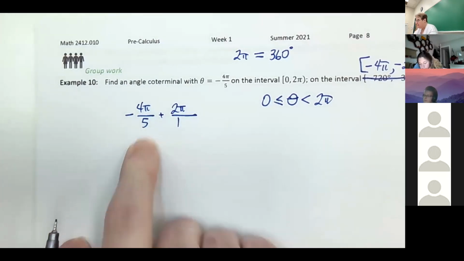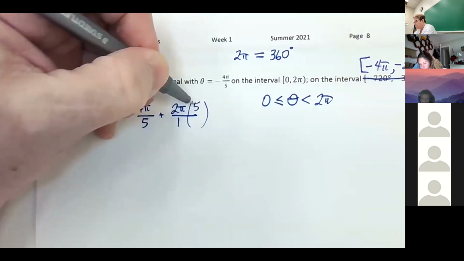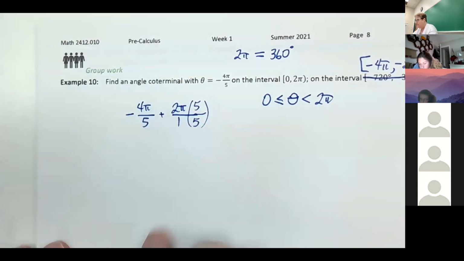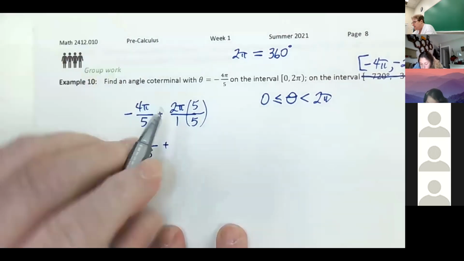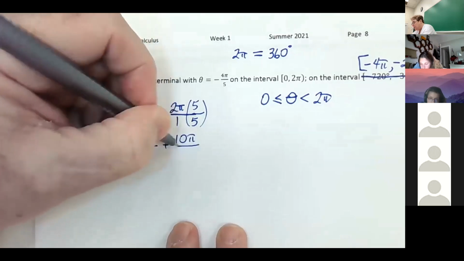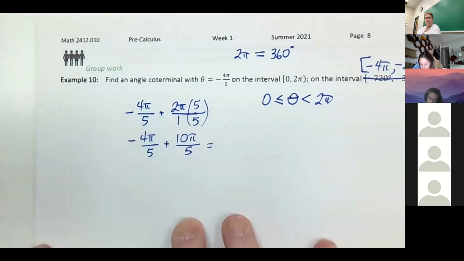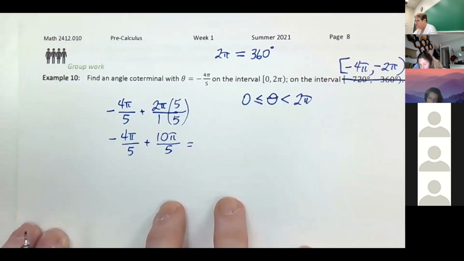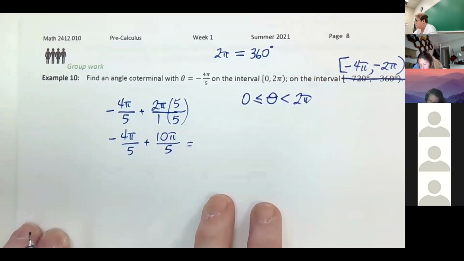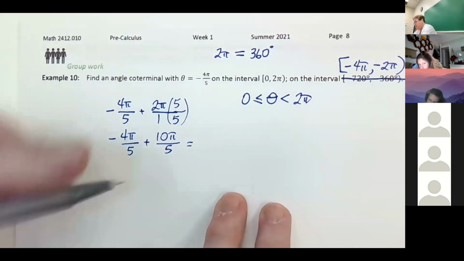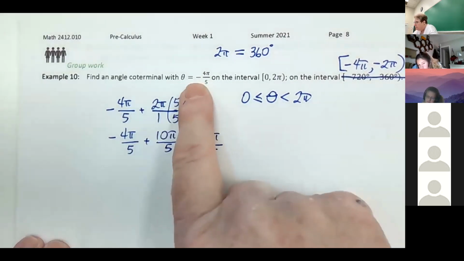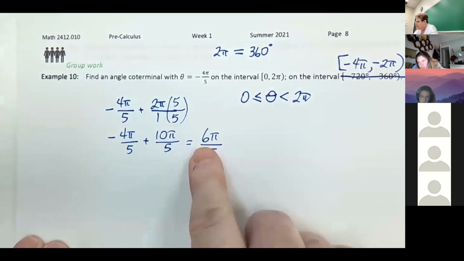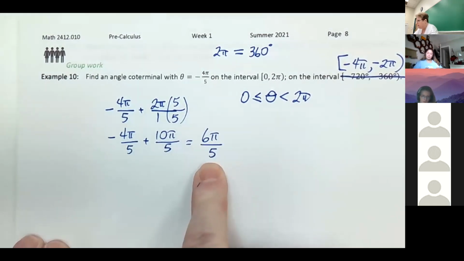The common denominator is going to be 5. So I'm going to multiply by 5 over 5, and we get negative 4 pi over 5 plus 10 pi over 5. And what is that? Good. So negative 4 pi over 5 and positive 6 pi over 5 are coterminal.